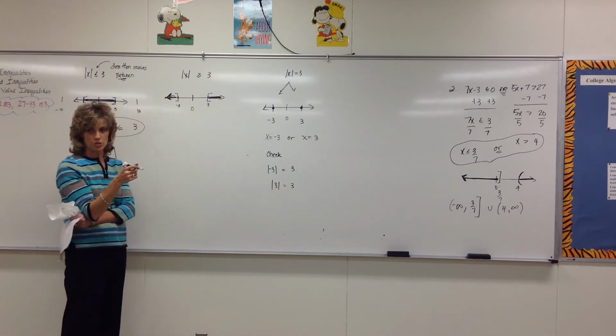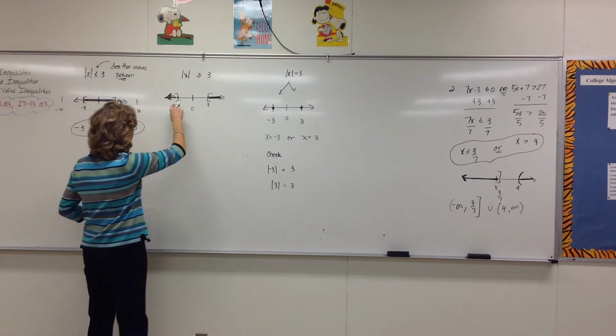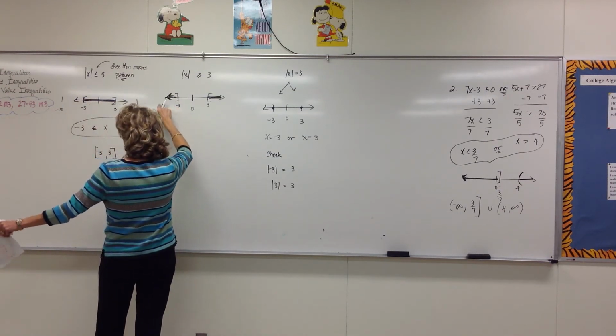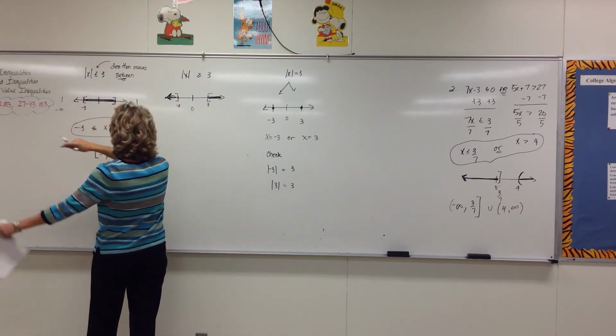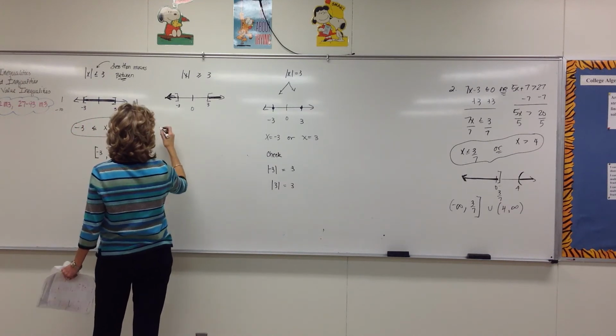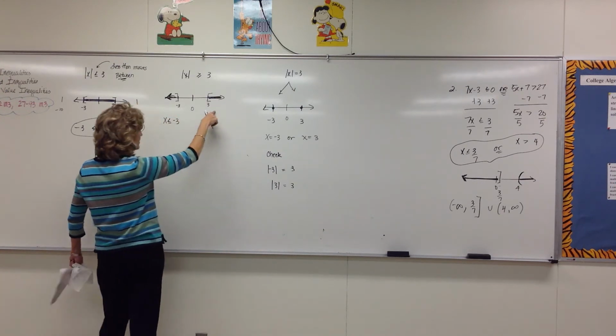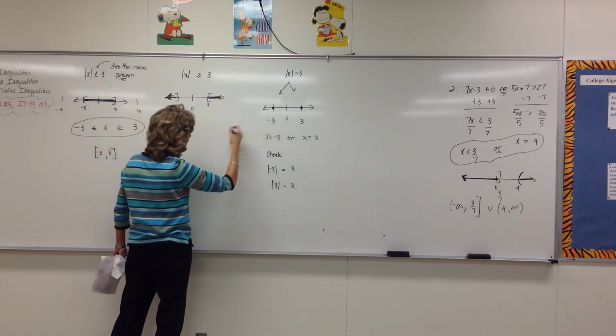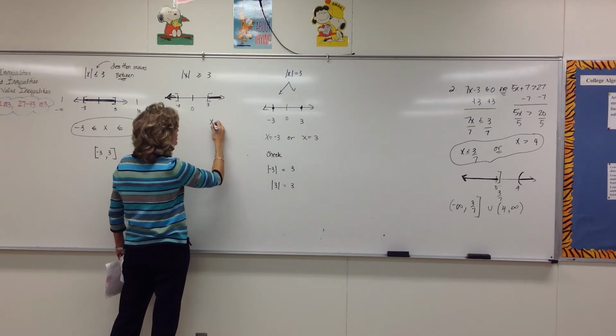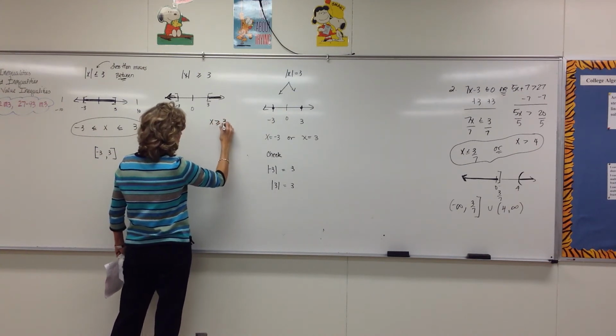But what kind of numbers are we talking about? To the left of -3: -3, -4, -5, -6. What's happening to those numbers as you move to the left? They're getting smaller than -3, while these numbers, as you're going to the right, are getting greater than +3.